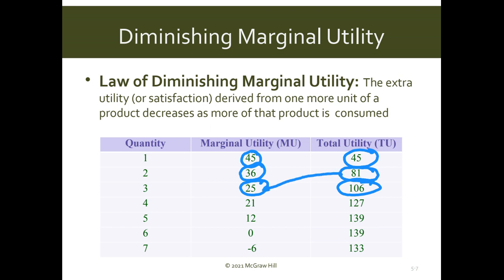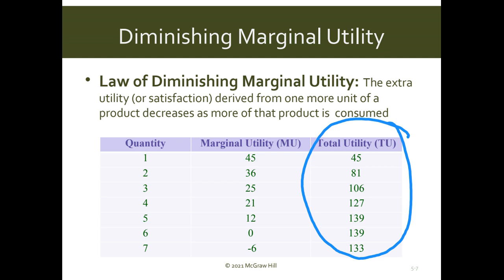And similarly, you can calculate total utilities. You can also calculate marginal utilities using total utilities. Suppose this information is given to you, total utilities, I can easily calculate marginal utility. So when I increase the consumption from zero units to one strawberry, my additional utility is the same 45 that I wrote here.